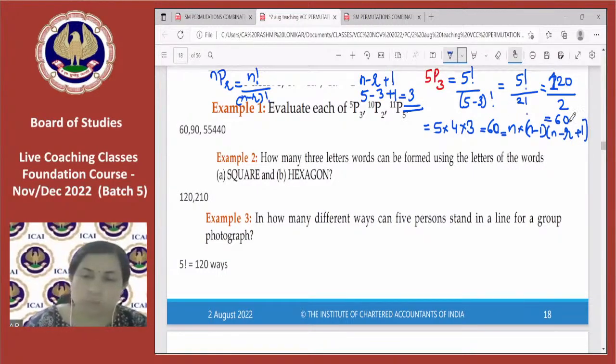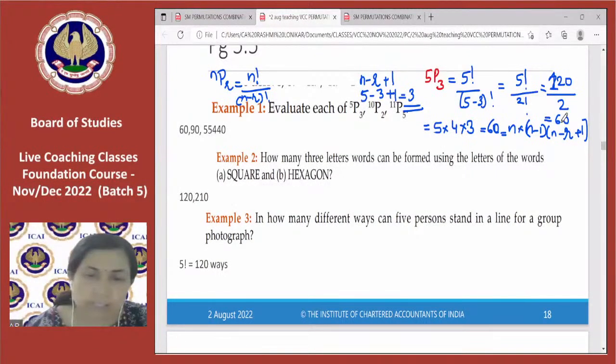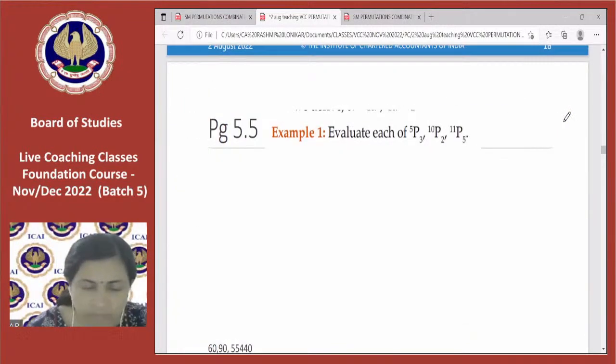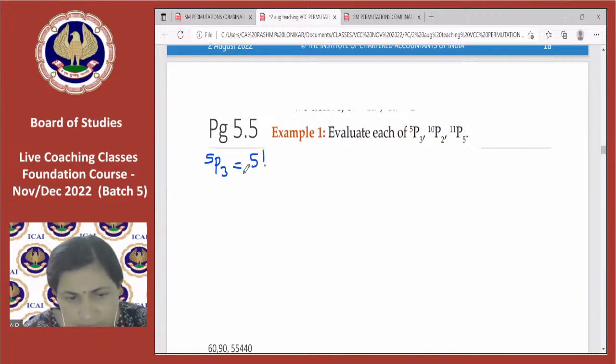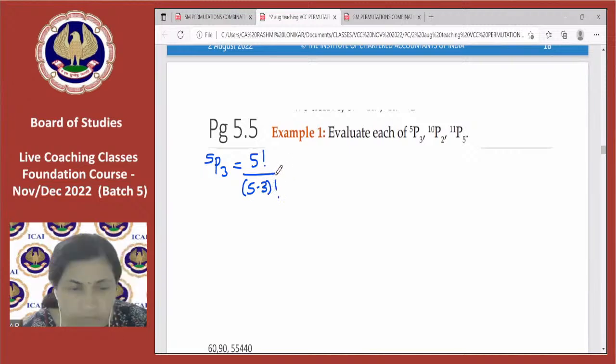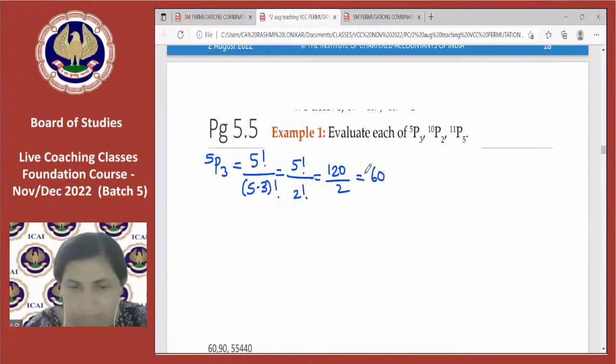Okay, both the formulas for permutations we have used. 5P3 I have written as 5 factorial upon 5 minus 3 factorial, which is 5 factorial upon 2 factorial, which is equal to 120 upon 2, which is equal to 60. Now let us see 10P2.